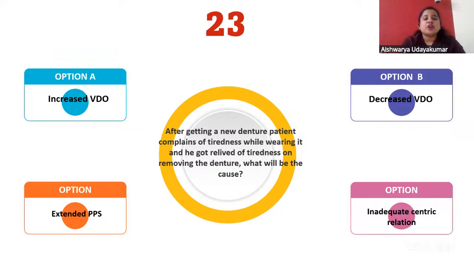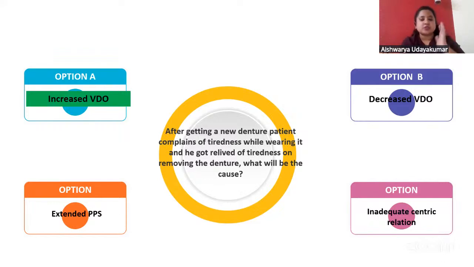Now, moving on with our next question, the 23rd question. After getting a new denture, the patient complains of tiredness while wearing it. I'm very sure that you would know the answer with the tiredness only, because there was one image that we discussed earlier and he got relieved of tiredness after removing the denture. Please tell me that you know the answer because yes, it is option A. PPS is never mentioned with tiredness.